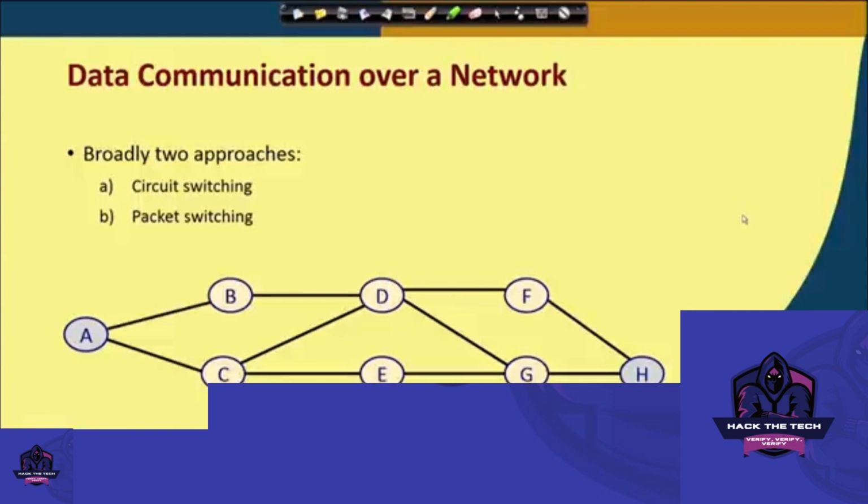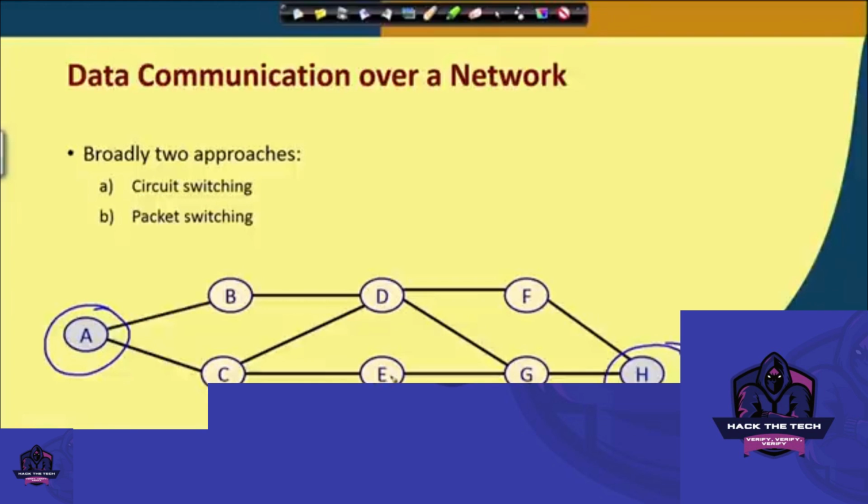Now, talking about data communication over a network, let us look at a rough picture like this. Let us say A, B, C, D are different nodes in a computer network, and node A wants to send some message or data to node H. B, C, D and so on are so-called intermediate nodes.